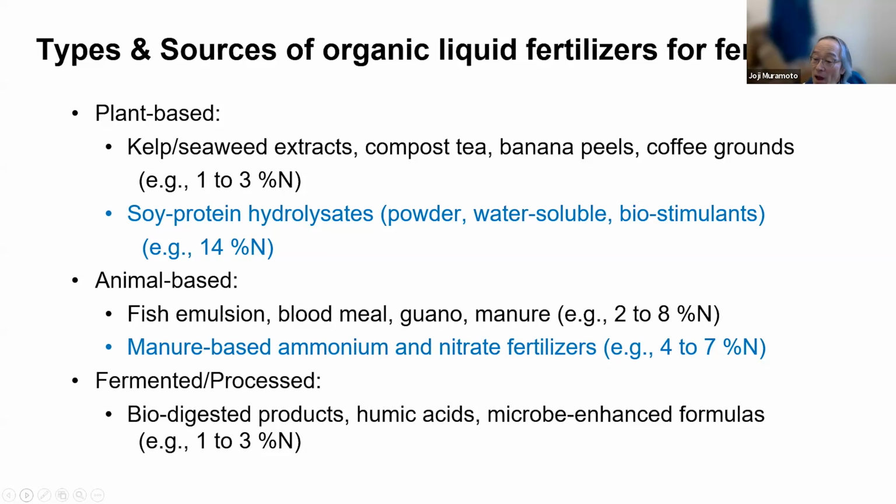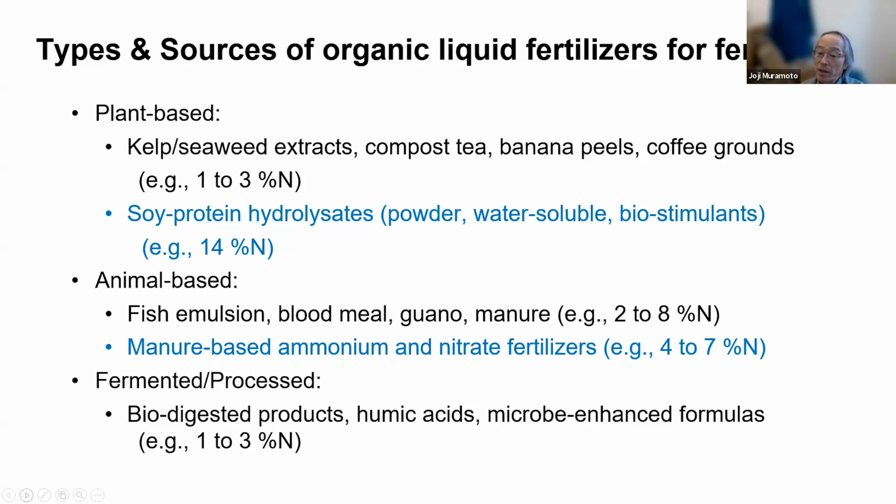There are 2 kinds of this type of fertilizer: straight ammonium, 4 to 7%, or one where half of the ammonia is converted to nitrate using a nitrification process. So those are relatively new types of organic fertilizer. This is liquid form, and can be used for fertigation.